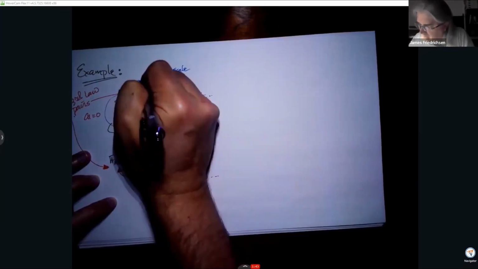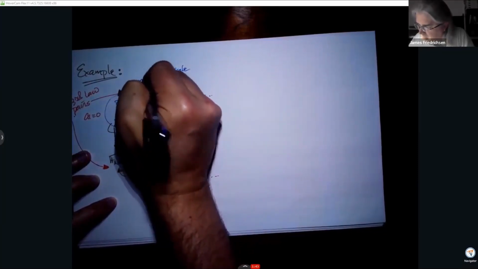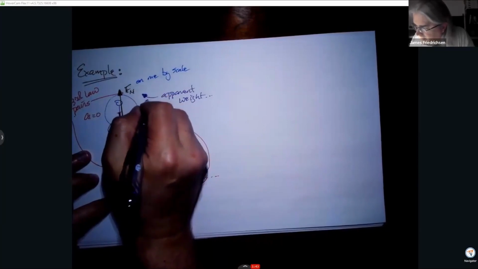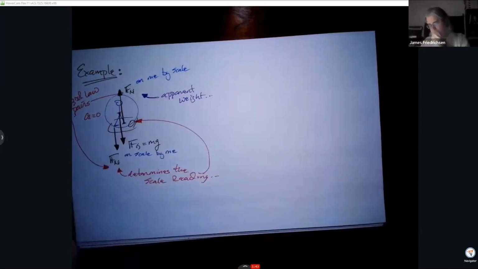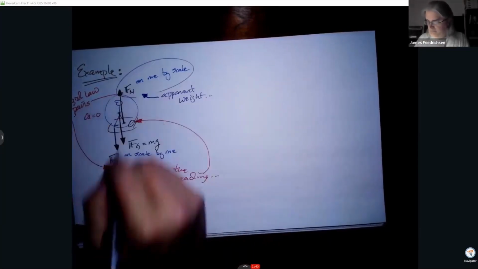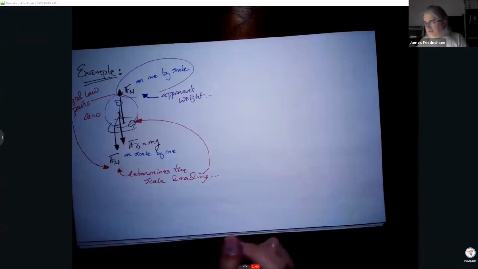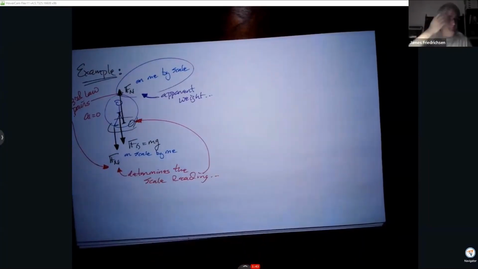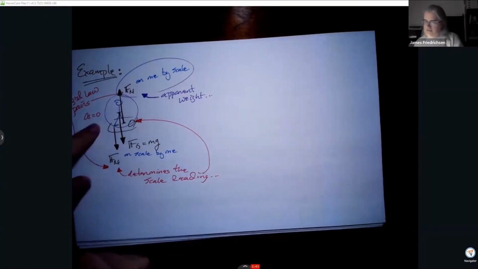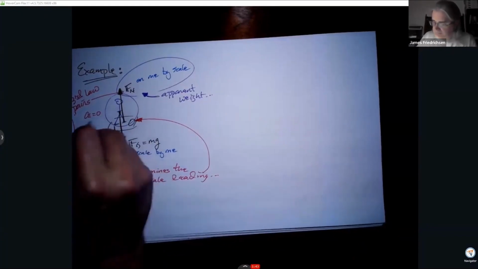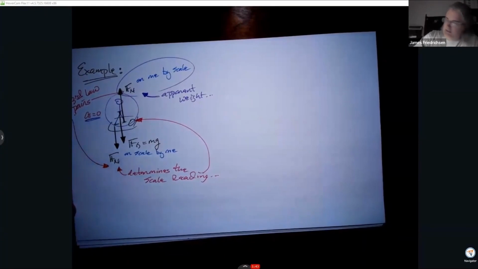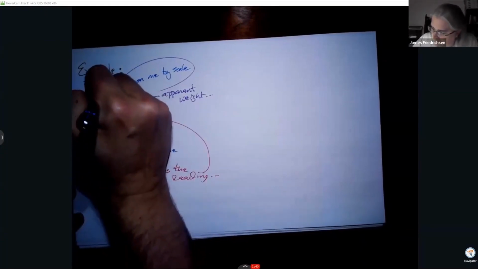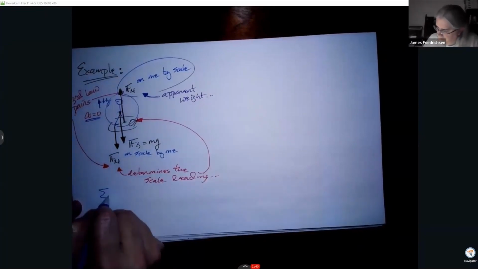They don't usually talk anything about directions on apparent weights, so that's good. But this upward normal force on me by the scale, which is related to the scale reading, is my apparent weight. Since there is no acceleration, I can pick up to be the positive y direction and run Newton's second law.